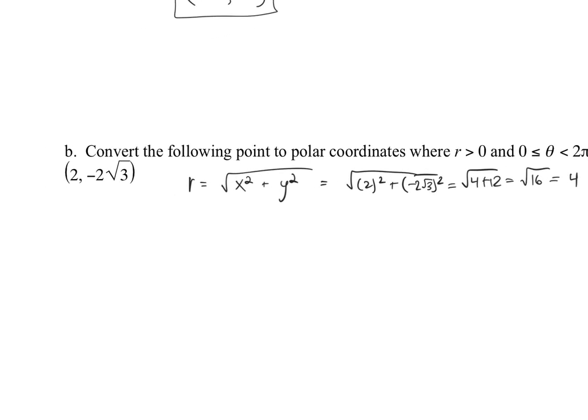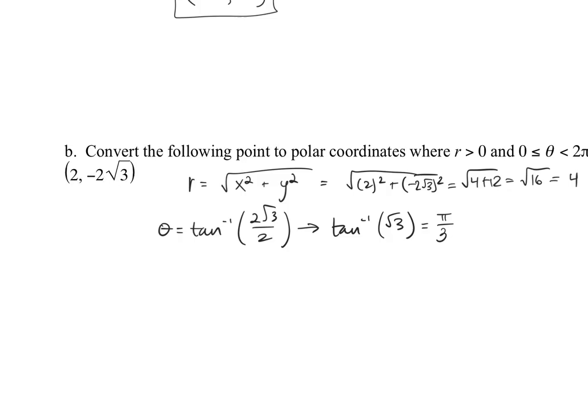Now the angle is inverse tangent of y divided by x. So it's the inverse tangent of the square root of 3, and that's equal to pi over 3. Now this coordinate here is in quadrant 4.